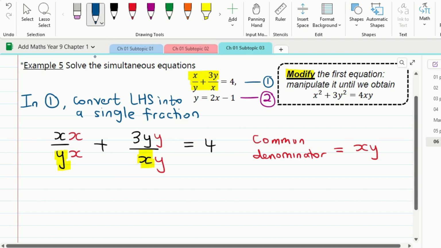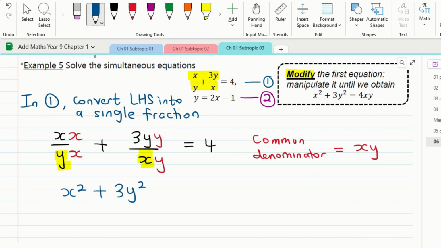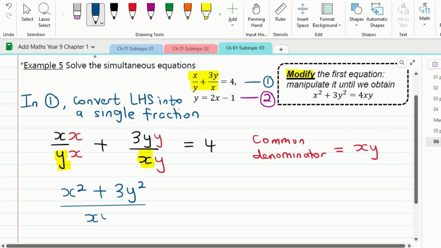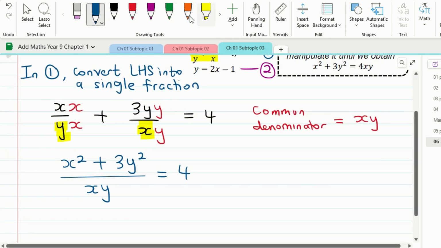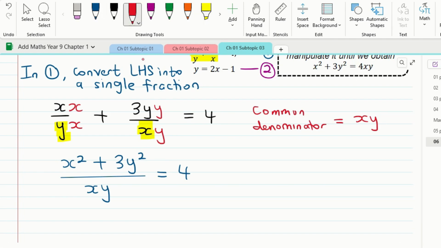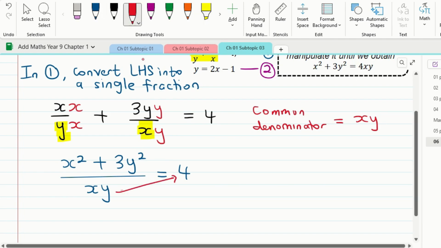So here you will have xx, which is x squared, plus 3yy is 3y squared. Everything is over a common denominator of xy. The whole fraction equals 4. And if you notice on the left hand side, this is a single fraction, so you can cross multiply the denominator to the right hand side, and you will get x squared plus 3y squared equals to 4xy.